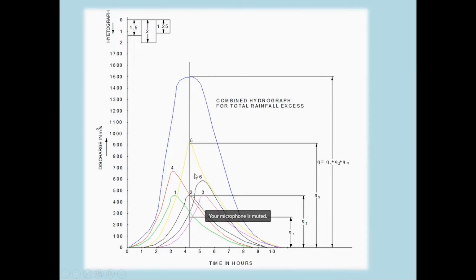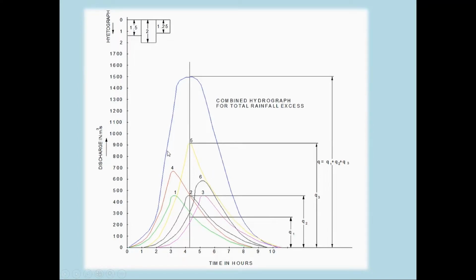This is nothing but 1, 2, 3 are the unit hydrographs. They have been multiplied by the factors 1.5, 2 and 1.25. Then the curves which we got are 4, 5 and 6.